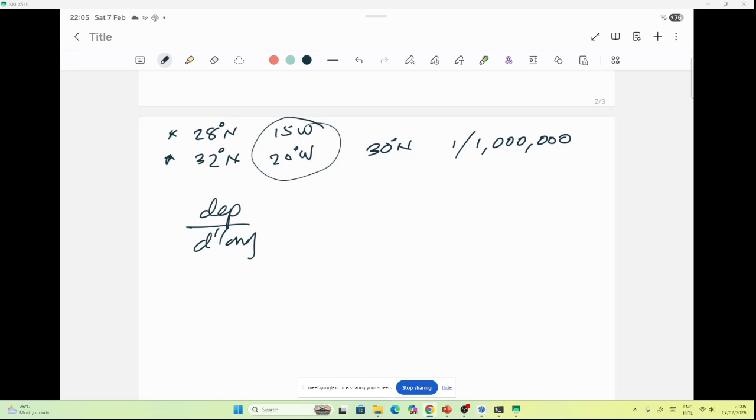Right. So this is equals to cos 30 degrees. Right? Are we clear, guys?